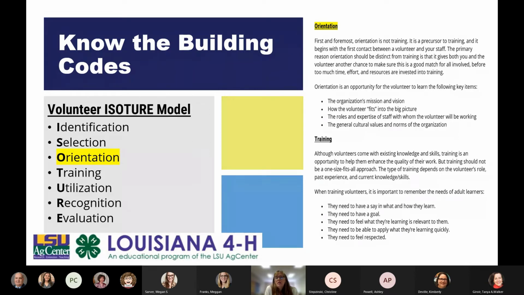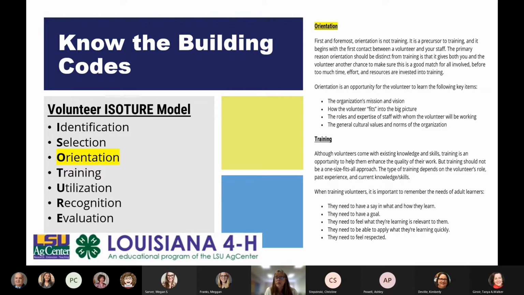As Megan discussed a little bit ago, there is a distinction between the two, and I wanted you all to be able to see that and know what the requirements were for each one, or what specifically you're going to want to make sure to cover in each of those that is directly different from the other. And so for orientation, first and foremost, it is not a training.